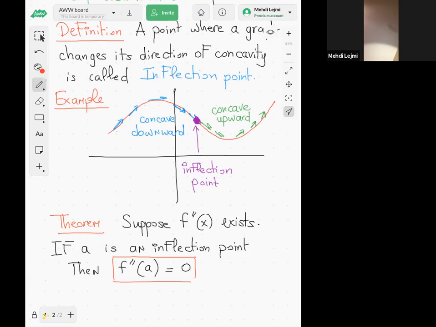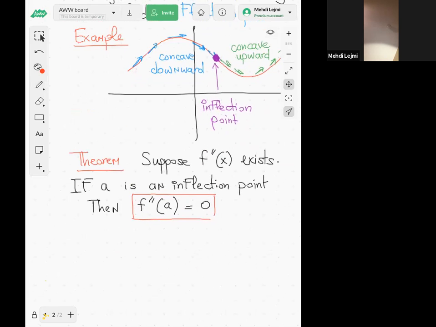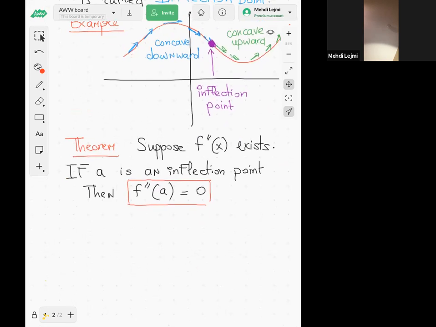But here you have to be careful, guys. This is a warning. If you have an inflection point, then the second derivative must be 0 at the inflection point, right? But the warning is that if the second derivative is 0, it doesn't mean that your a has to be an inflection point.